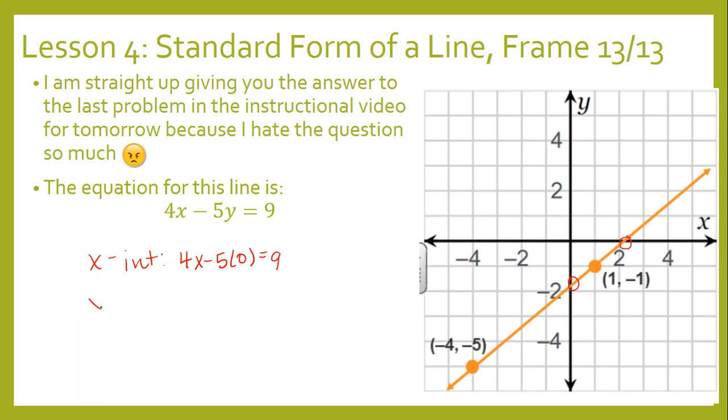Okay. And then to find your y-intercept, you're going to replace x with 0 because if you're intersecting the y-axis, you're not going left or right at all. Okay? So that's how you're going to set it up when you go to solve for your x and y-intercept. And your answers are going to be fractions.